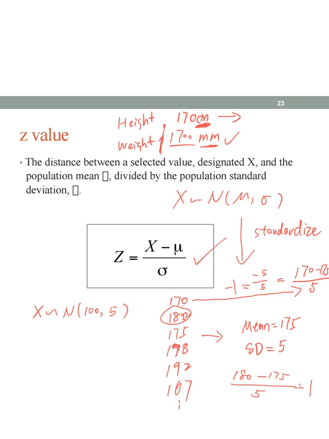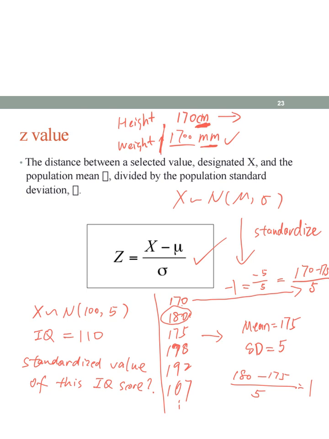So we do a standard test to get a score for human beings' IQ. Suppose we have a human whose IQ score is equal to 110. Could you find the standardized value of this IQ score?